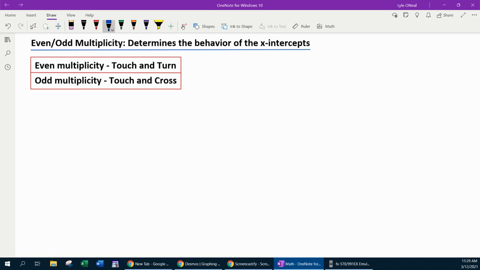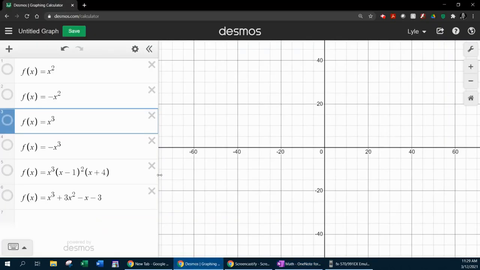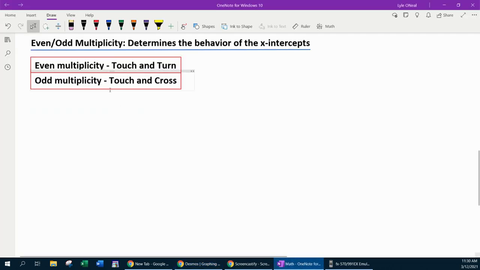If you know the multiplicity of those roots, of those x-intercepts, then you can determine the behavior of the graph at the x-intercepts. So for example, I've got Desmos handy here, and I have a couple of functions typed in. What we're going to do is look at the graph of the function and explain how the multiplicity determines the behavior of the x-intercepts.